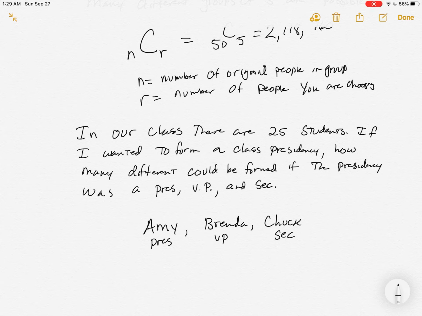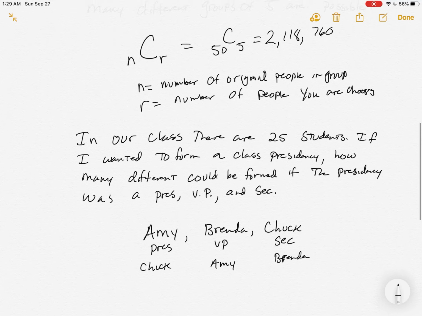Would it make a difference if I left the positions but made Chuck the president, Amy the vice president, and Brenda the secretary? Yes, that would be a different presidency if I just changed the order in which they were selected. So you need to picture this as the first person that you select being the president, second person being the vice president, and third person being secretary.